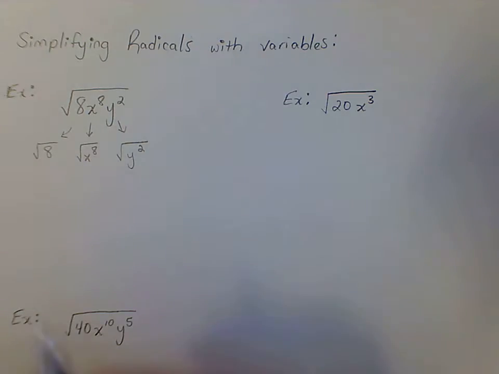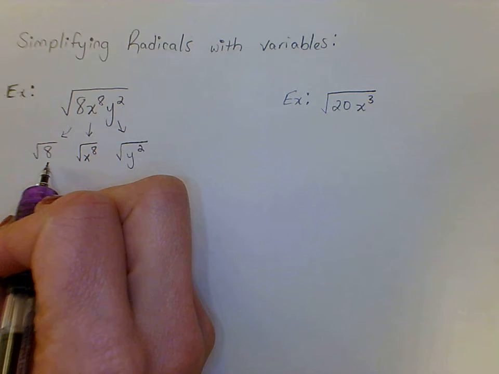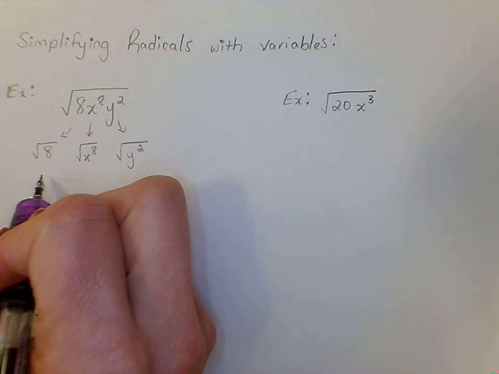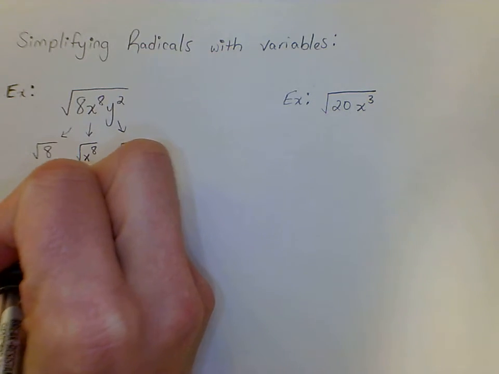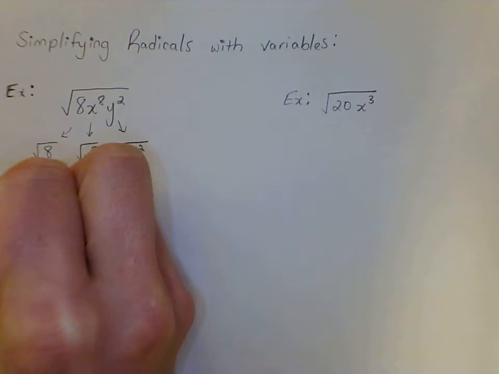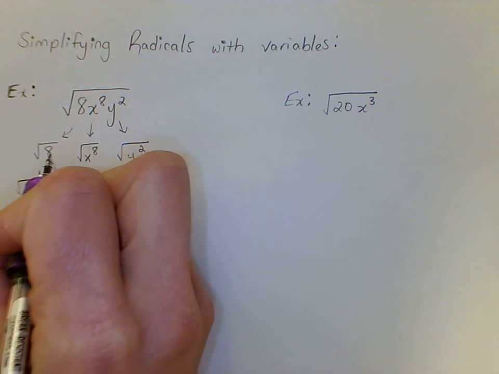Okay? So in that last video, you learned how to simplify radicals like this. If it is a perfect square, then you just take the square root of it like you normally would. But if not, then remember you had to break it down into two pieces. You had to find the biggest perfect square that goes into that.